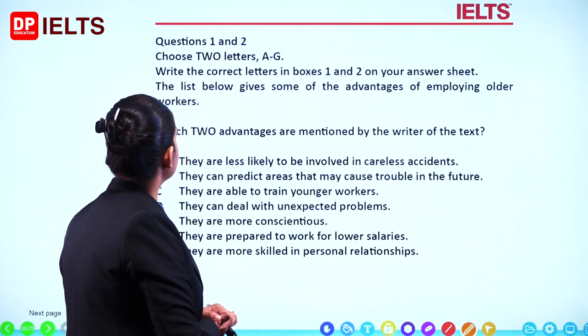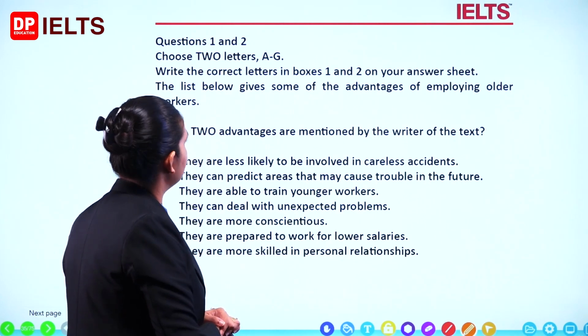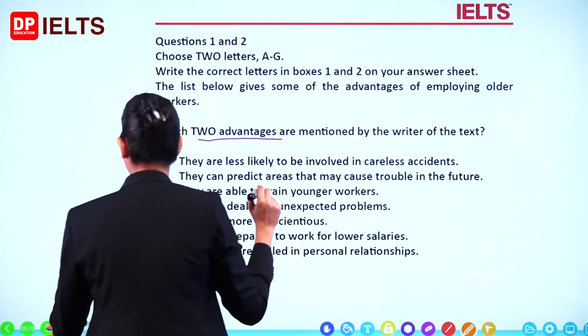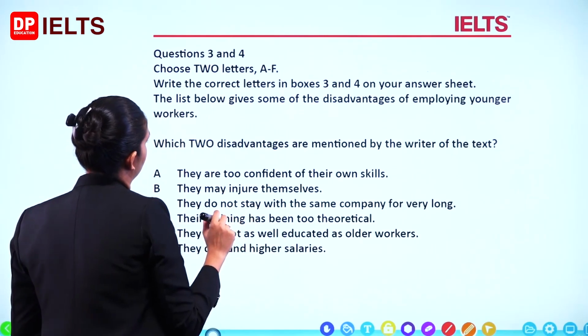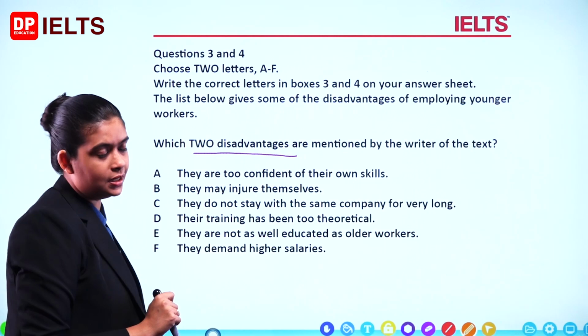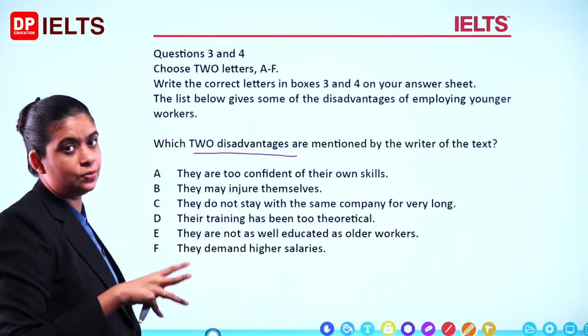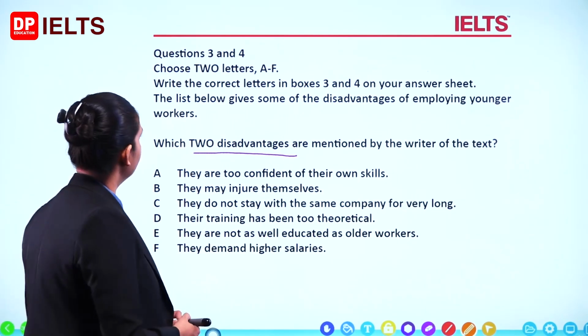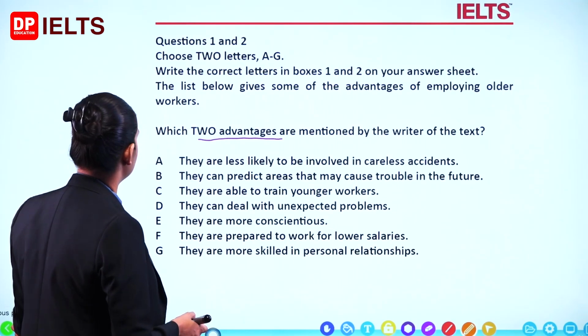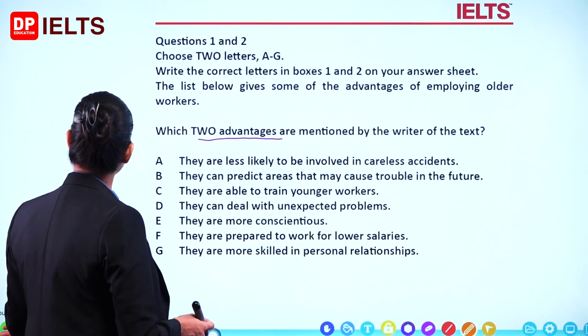Choose two letters, A to G. Write the correct letters in the box. So we should select two advantages and two disadvantages, right? Two positive ones and two negative aspects. Alright, so let us have a look at the answers. So two advantages.